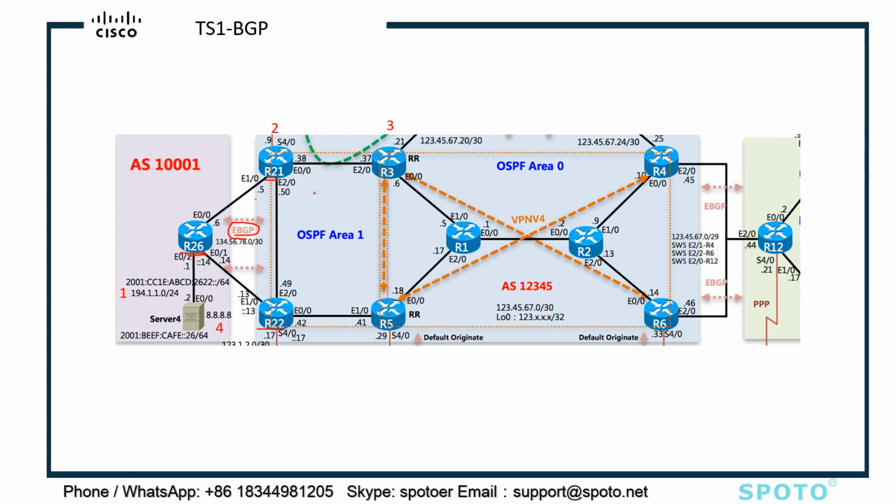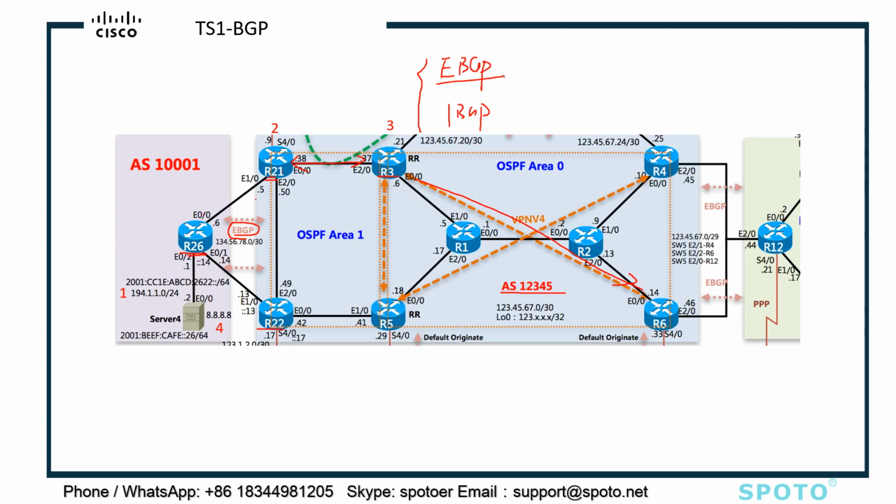But for routers in one AS, maybe R21 and R3, and also R3 with R6, they are iBGP. So for the BGP protocol, we have two different relationships, eBGP and iBGP. eBGP means the two routers are in different AS, but iBGP means the two routers are in the same AS.